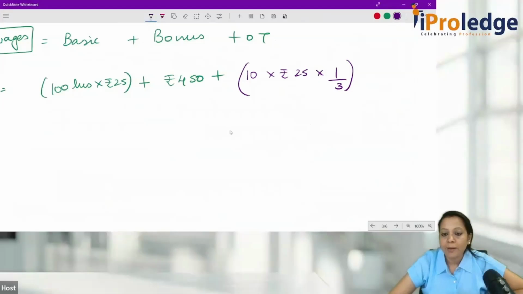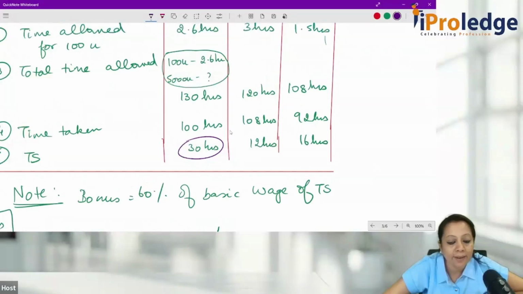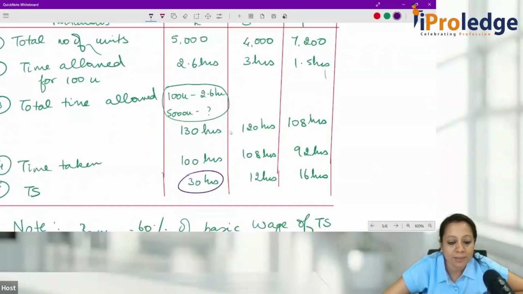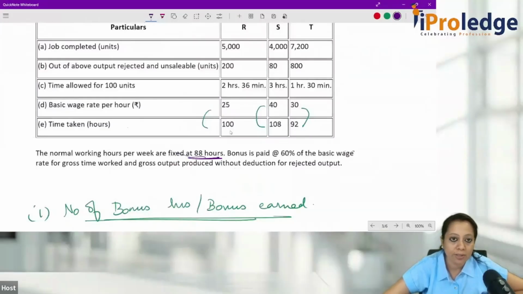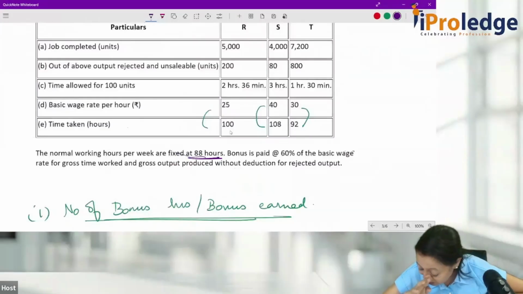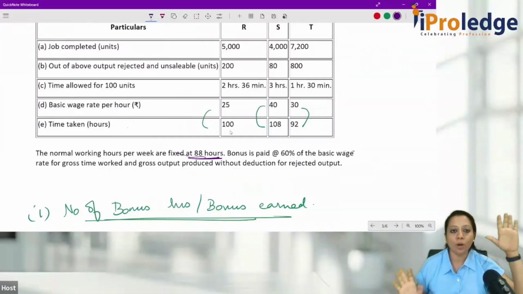Yes. Now, many people are making a small mistake here. They're taking time saved. That is why we underlined both. In the purple color, I encircled 30 hours, which is time saved, and 88 hours, which is the normal working hours. Now, what is the meaning of overtime? You are working more than the normal hours.